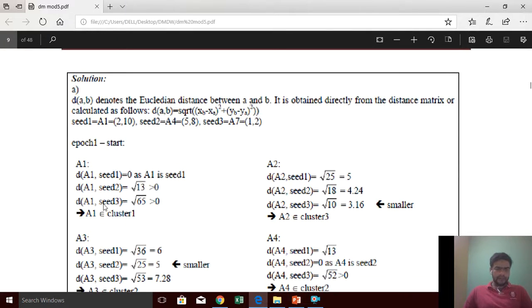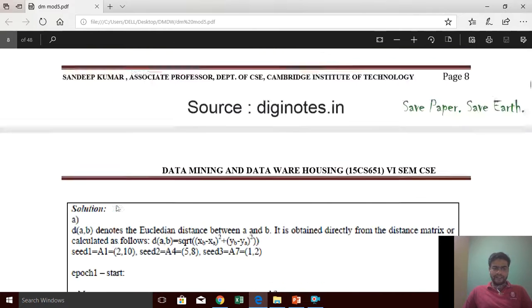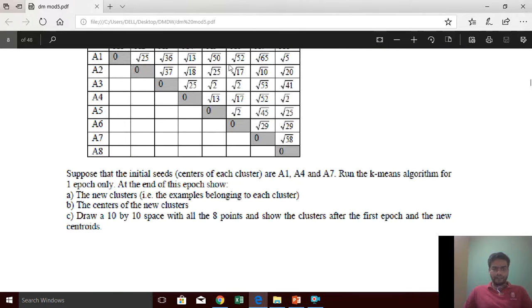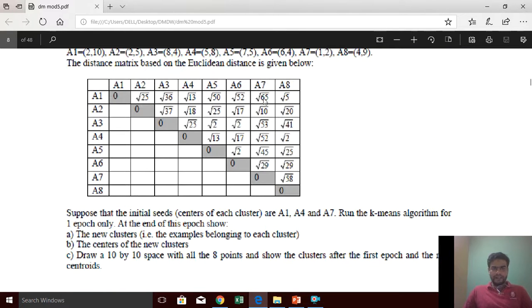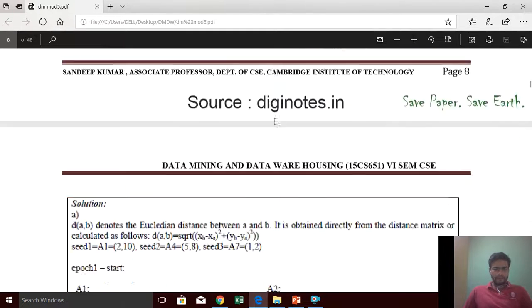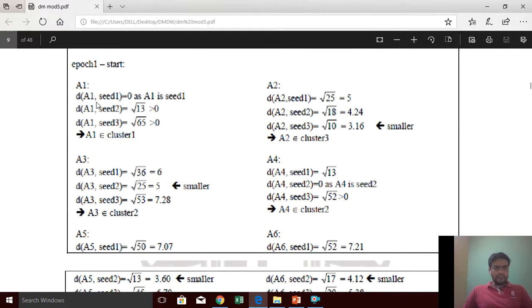Then A1 to seed 3, which is A7: A1 to A7 is root of 65. So A1 to A1 is 0, A1 to A4 is root of 13, and A1 to A7 is root of 65. Out of these, the minimum is 0. So A1 belongs to the first cluster, that is, A1 belongs to cluster 1.